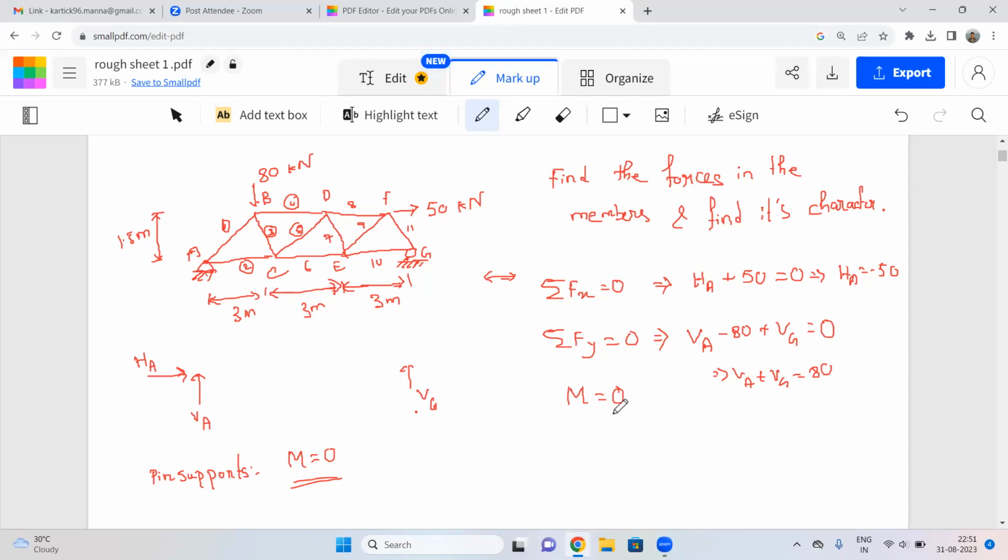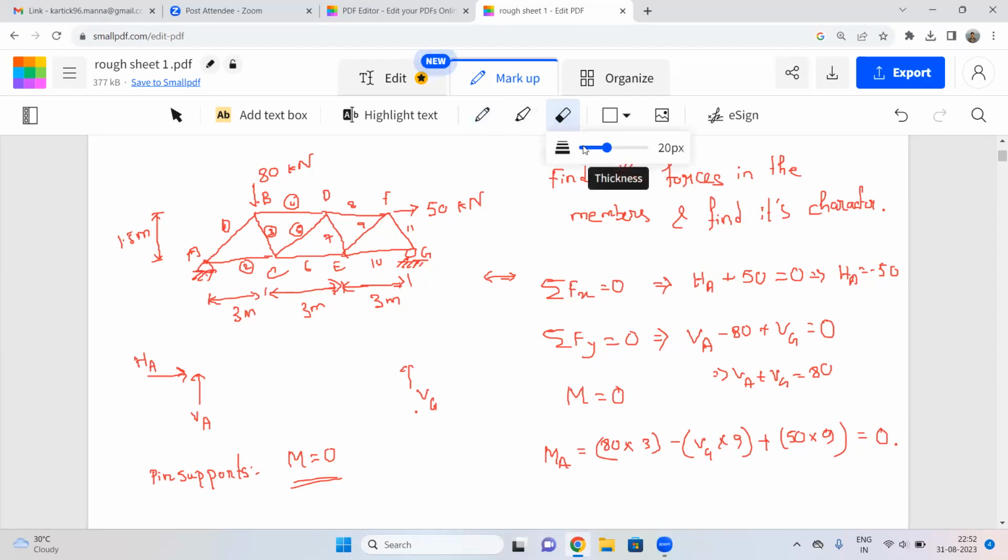So taking moments at point A, HA won't be there. 80 into 3 meter, minus VG into 9 meter, plus 50 into 9 meter, should be equal to 0. Is that 50 into 9 meter or 1.5 meter?